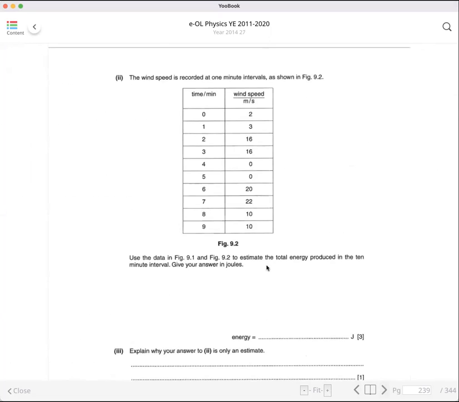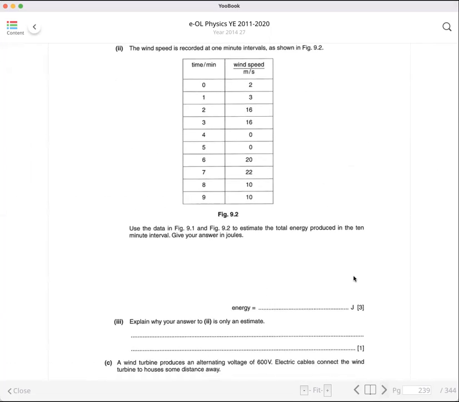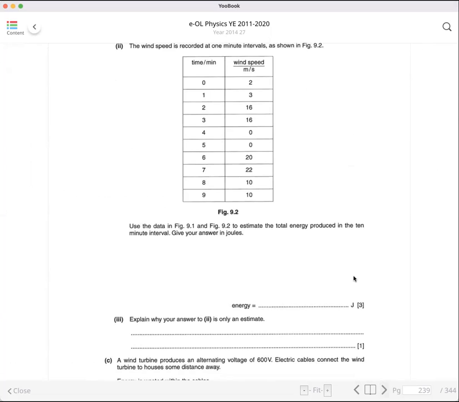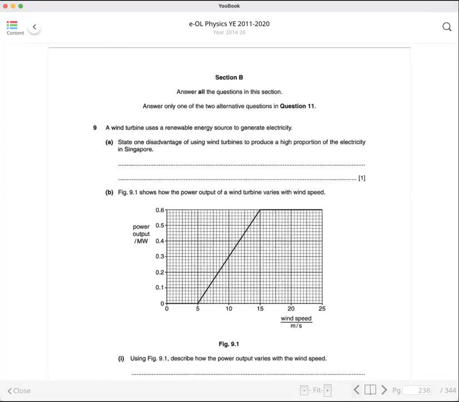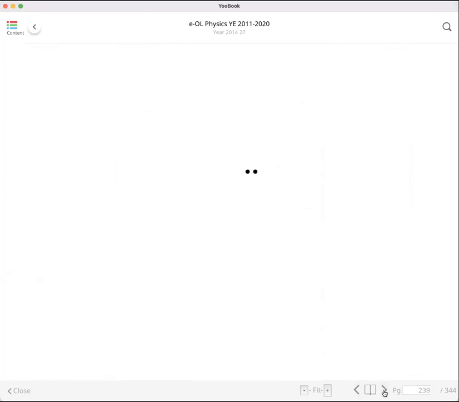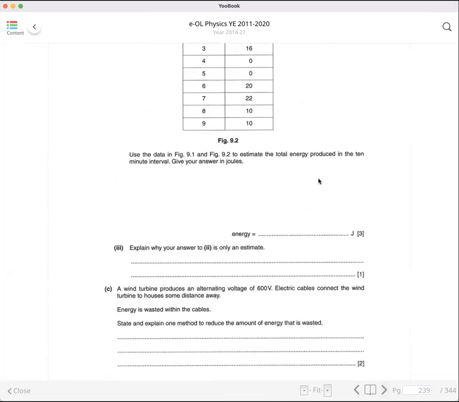Do you want to do the question here? Because it's hard to refer to both. Okay, I will just skip this question because I need to refer to both.